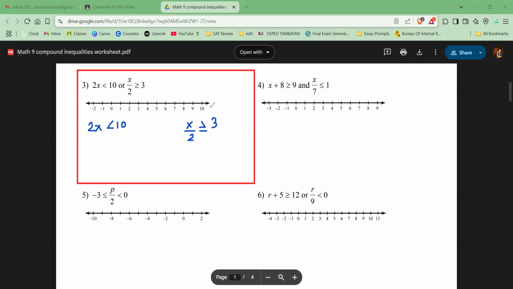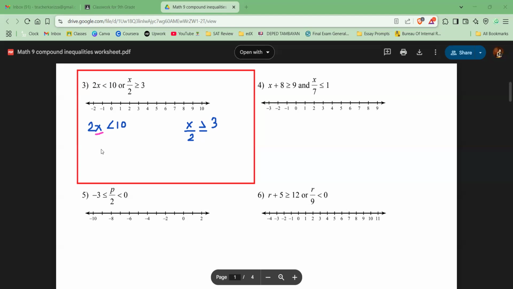If you divide both sides by 2x, you won't have x on the left-hand side anymore. So in order to cancel, in order to leave just x, what do you do? You divide by 2. Divide both sides by 2.